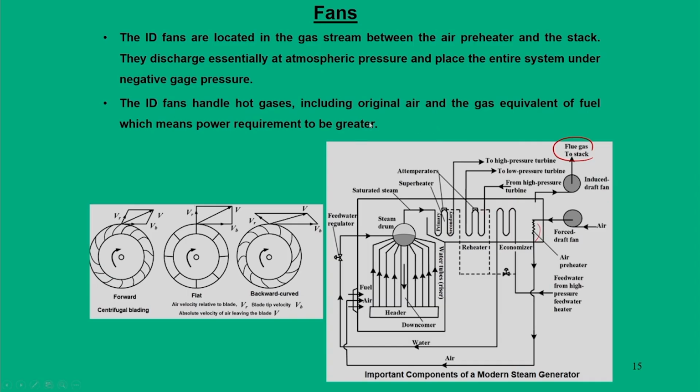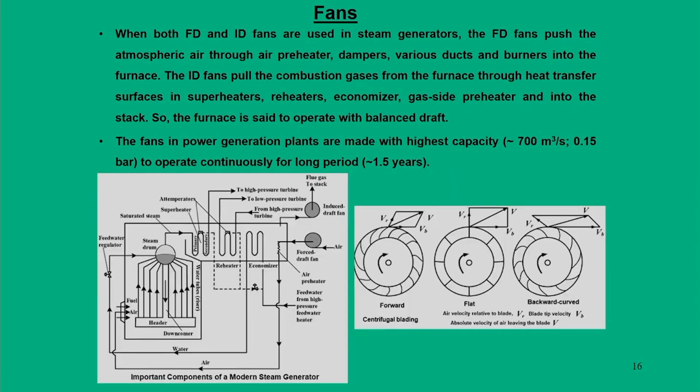Induced draft fans handle hot gases, which include some leakage air also, because some air also gets pulled away in the circuit, and the gas is equivalent to the fuel plus air, which means the power requirement is greater. So, induced draft fan power requirement is higher than the forced draft fan.